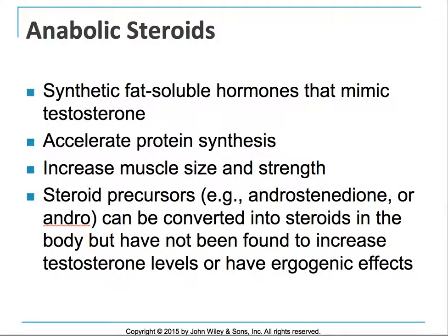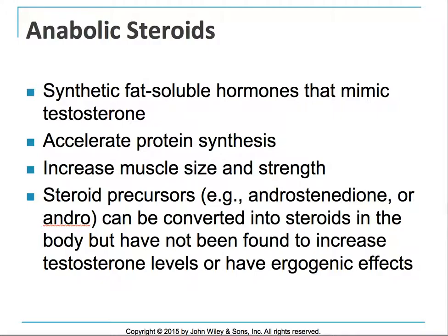Anabolic steroids are synthetic fat-soluble hormones that mimic testosterone. They accelerate protein synthesis and increase muscle size and strength. Steroid precursors, examples, androstenedione. I don't even know if I can pronounce it.